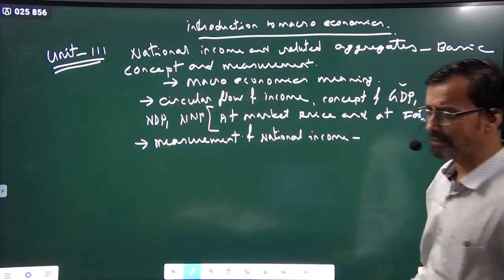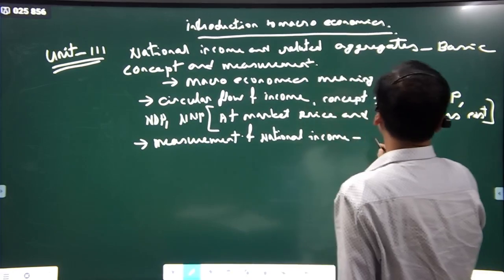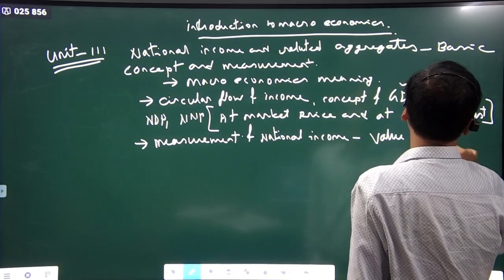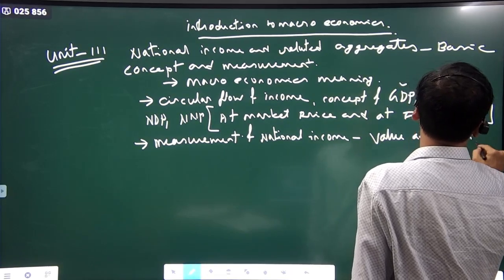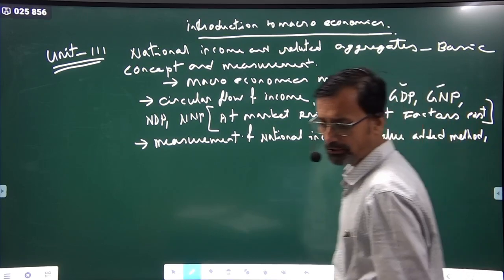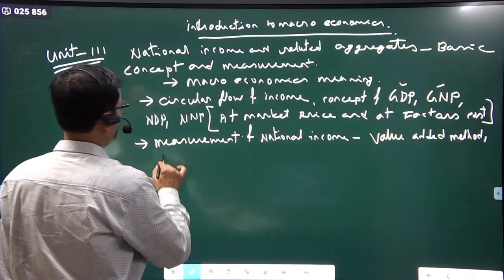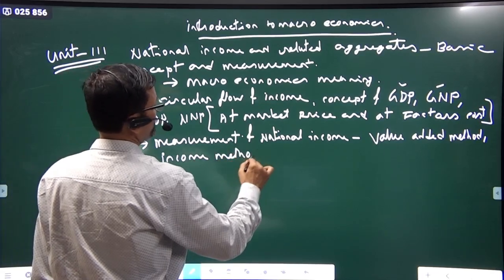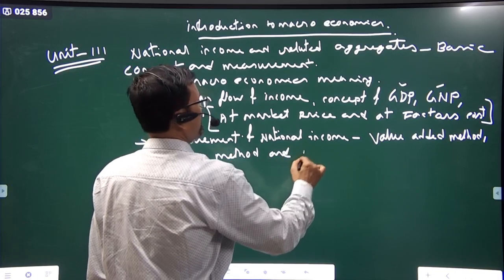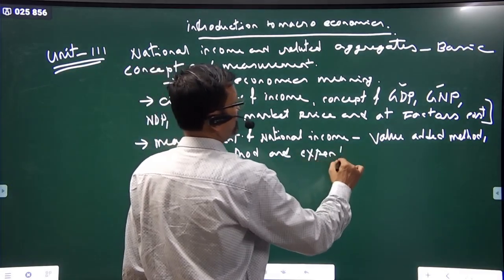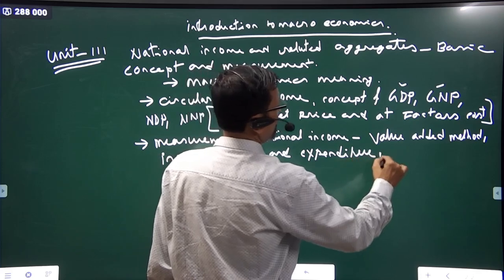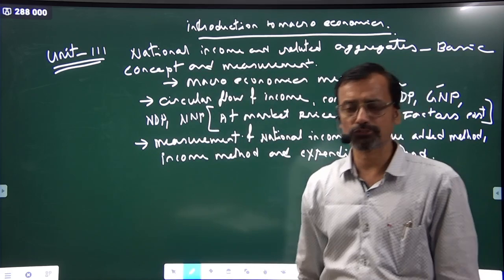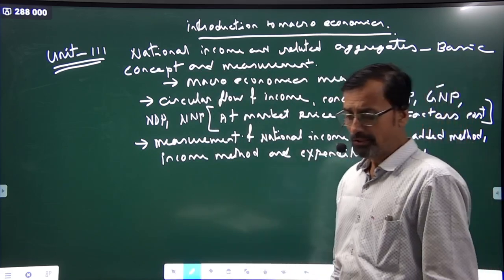There are the value-added method, which is also called the production method, the income method, and the expenditure method, also called the outlay method.